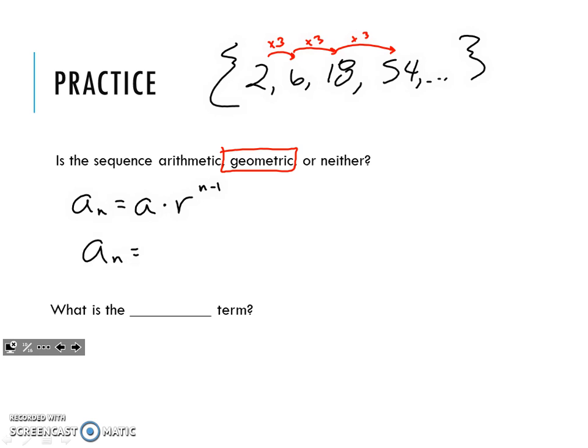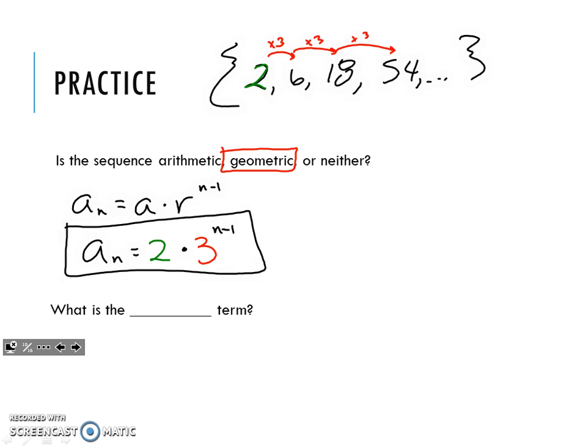So when I go to simplify this one, my first term is 2, so I have a 2 plugged in for a, and my common ratio is going to be 3. So my nth term formula is a sub n equals 2 times 3 to the n minus 1 power.